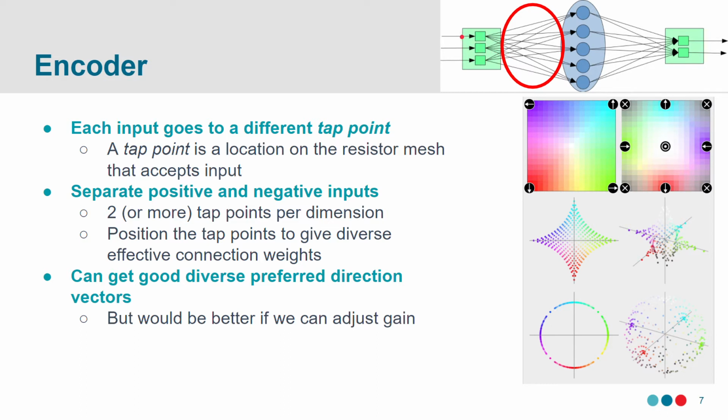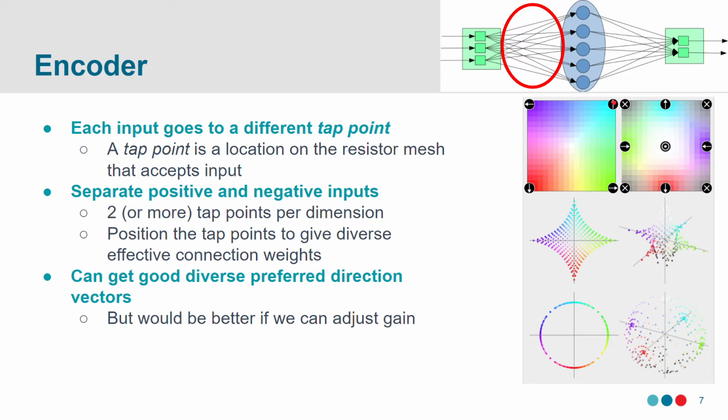For each one dimension of my input, I can have both positive numbers and negative numbers, and I'm going to separate those out. For my first dimension, the negative numbers are going to get injected at this point in my mesh, and the positive numbers at this point. For my second dimension, the negative numbers are going to be injected here, and the positive numbers here.